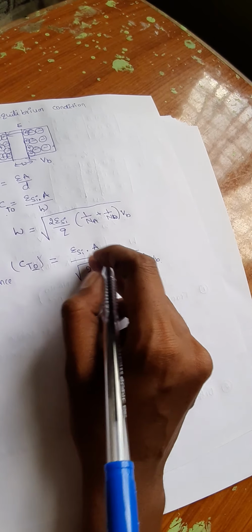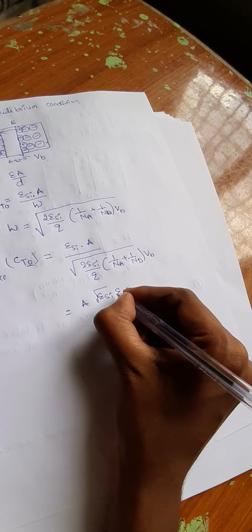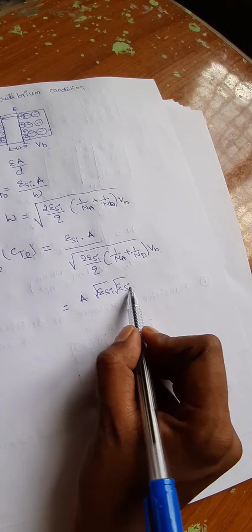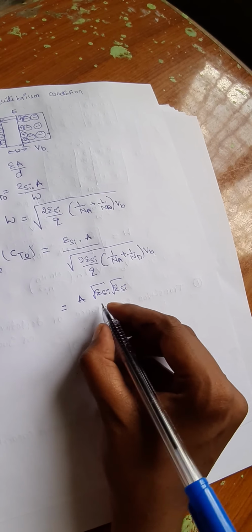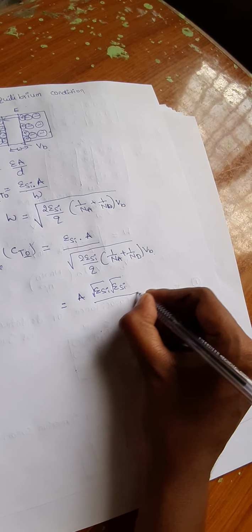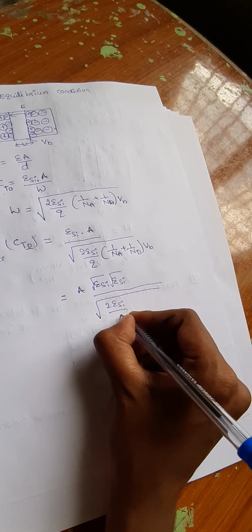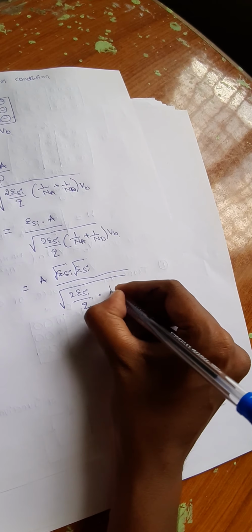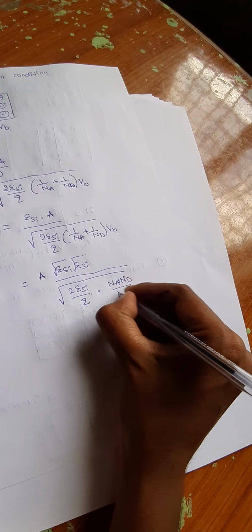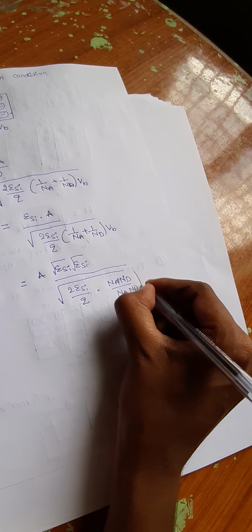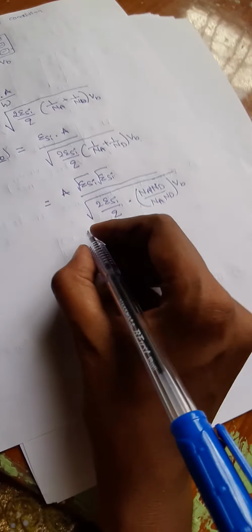A is taken out, and if you multiply epsilon Si and epsilon Si, we easily get epsilon Si. Similarly, 2 epsilon Si by Q times (Na plus Nd) by Na Nd, multiplied with VB under the root.